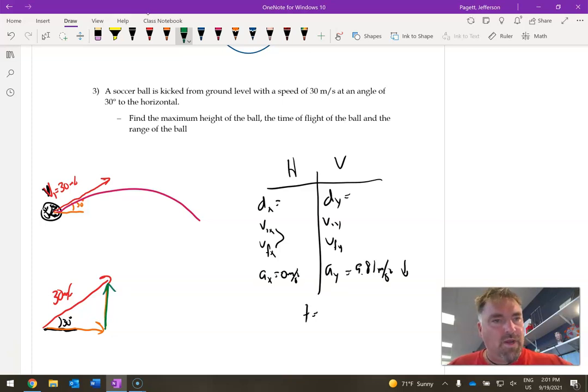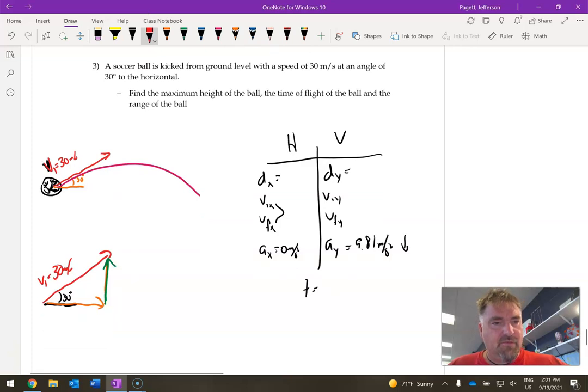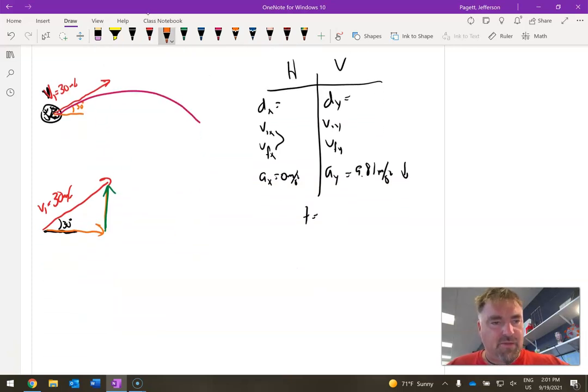Now, when I'm breaking up an initial velocity, so this is VI, this orange piece will be VIX because I'm breaking up my initial velocity into a horizontal and a vertical piece, VIY. My right angle is still right here. And so I can use SOHCAHTOA.